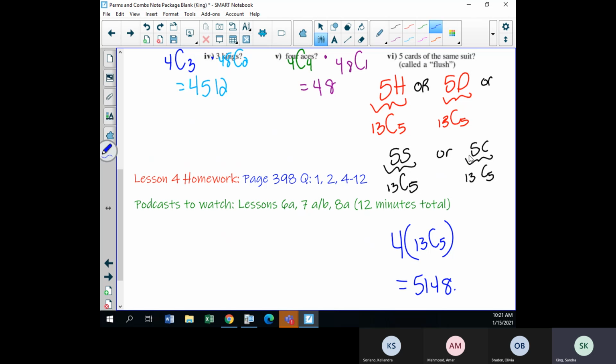Here's what we want to circle. For this homework, you want to circle number 1, number 2, and then 4 to 12.